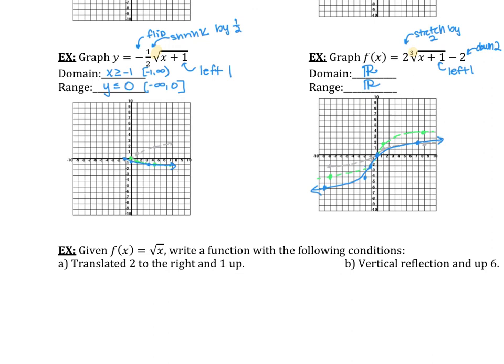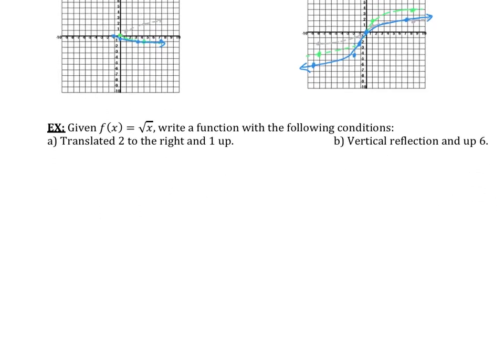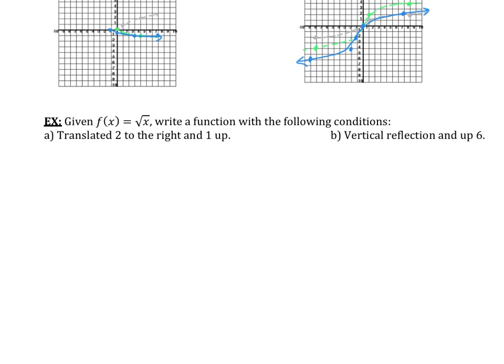Right now, given a parent function being the square root of x, I want to write a function that has the following conditions. I want to move it 2 to the right and 1 up. Hit pause and see if you can write an equation using the square root as the parent function that moves 2 to the right and 1 up.